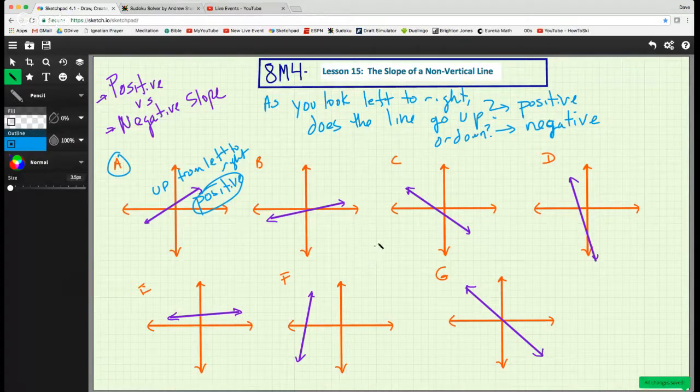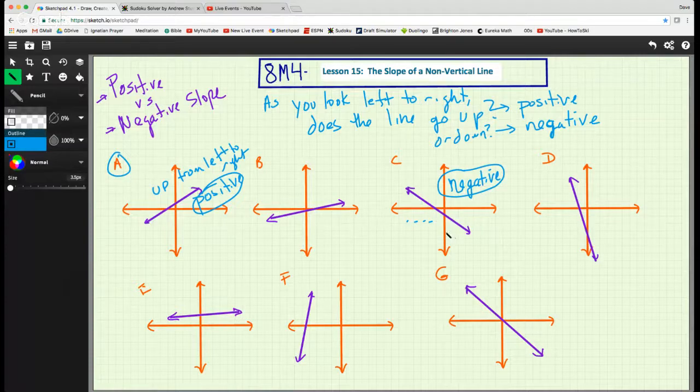Now, let's see if we can identify the first line that is a negative slope, which is the first line that goes down as we go from left to right. And for those of you who identified C as a negative slope, this is the first negative slope because we go down from left to right.